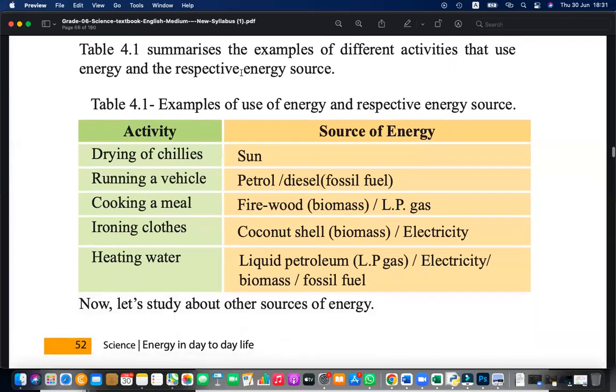Okay, then ironing clothes. What can we use other than these things? Coconut shell charcoal, that is also biomass. Electricity. Other than that, is there any ironing method?